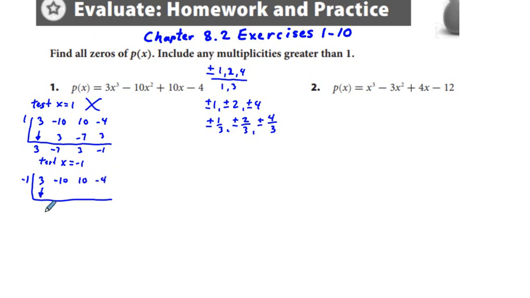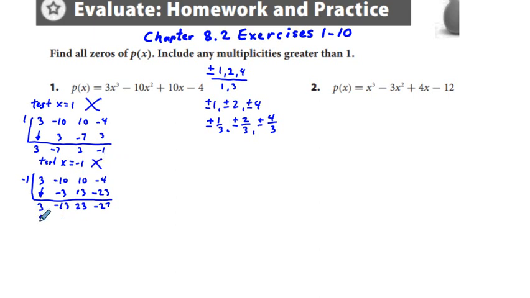Same process: 3, negative 3, negative 13, that's going to be 13, 23, and we're going to have negative 23. So our remainder here is going to be negative 27. This is not going to work either, so I'm going to put a big X there.